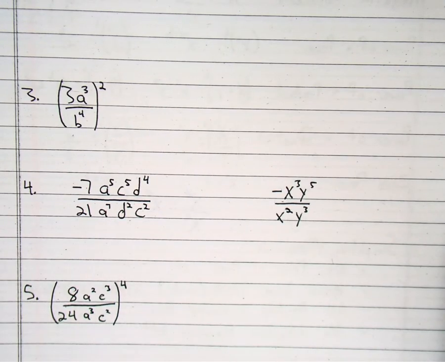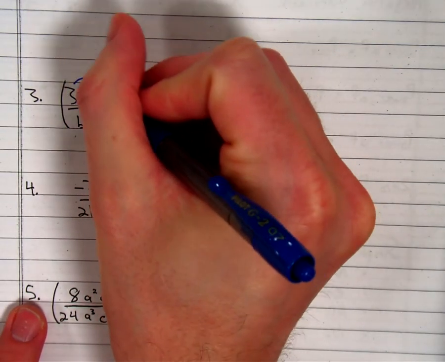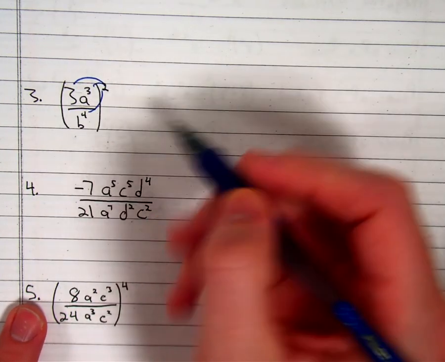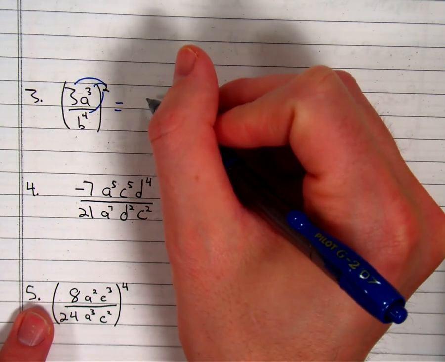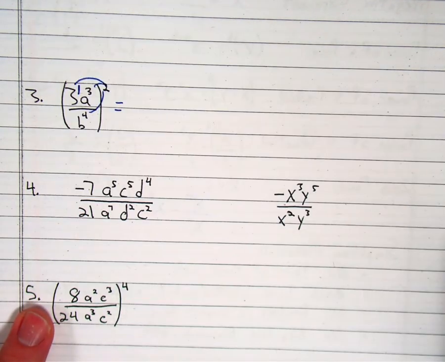Ooh, we got 3a to the third over b to the fourth, parentheses squared. So we got multiplication and division going on here. There's no plus or minus, so I can push this into everything. I'm squaring all of these. So we'll go the long way here first. This is really 3 to the first power.